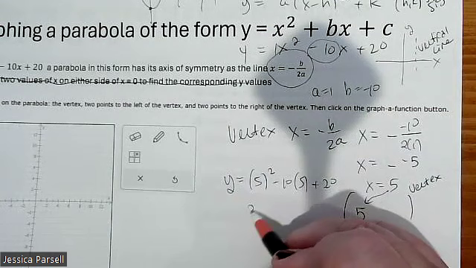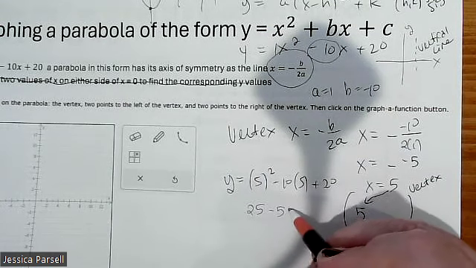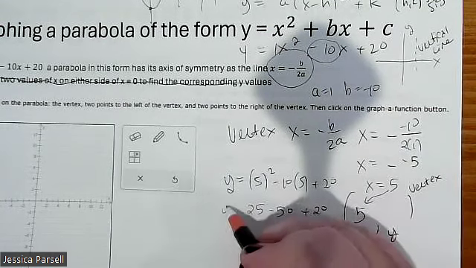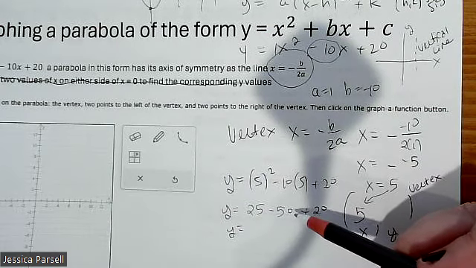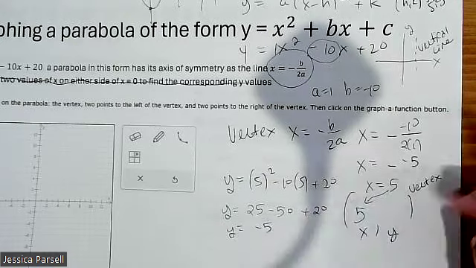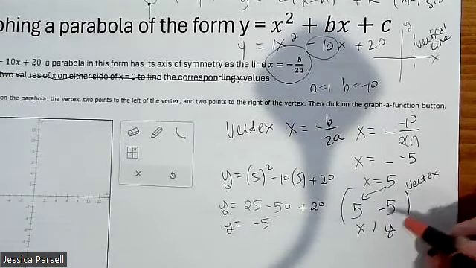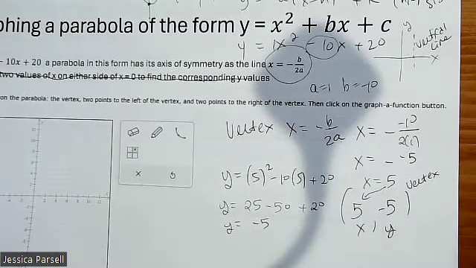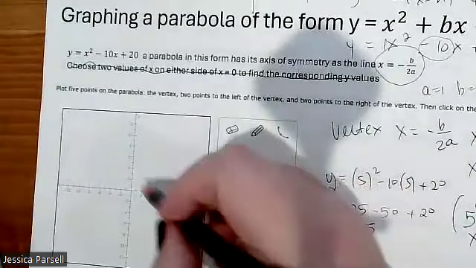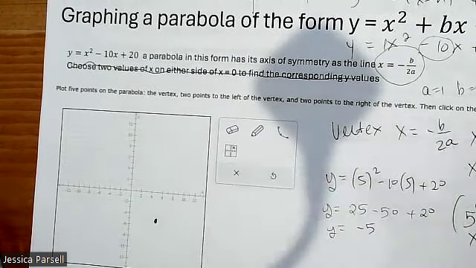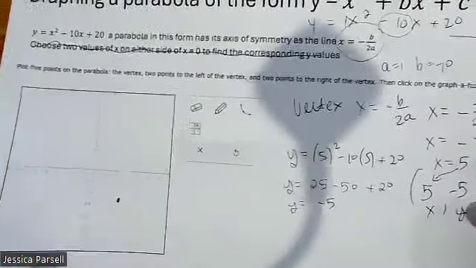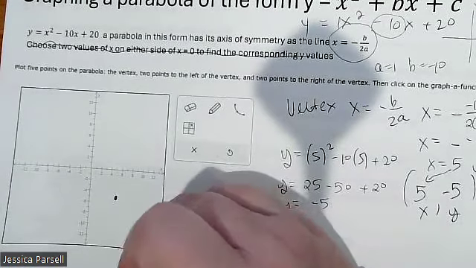Okay, so 5 squared is 25, minus 10 times 5 is 50, plus 20. 25 minus 50 is negative 25, plus 20 would give us negative 5. So that's going to be the other half of our vertex there. So let's graph that, 5, negative 5. All right, that's going to be our vertex.